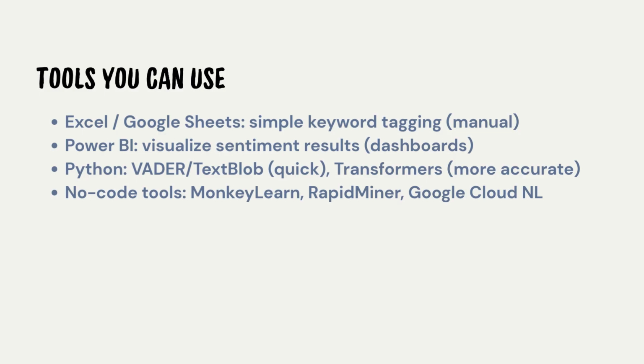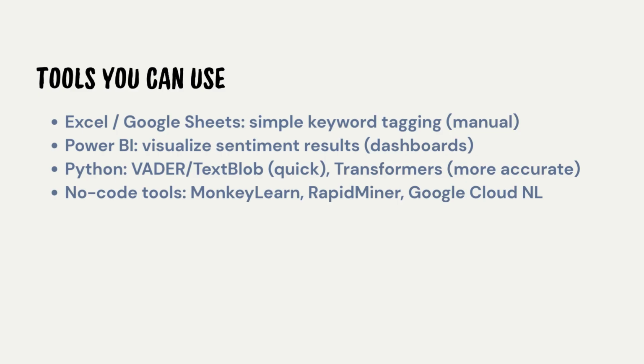Now we'll be discussing the tools that we can use in sentiment analysis. There are a few ways to do sentiment analysis depending on the skill level and how deep you want to go. If you just want to do something simple, then Excel or Google Sheets can do the work for you. Power BI is great for visualizing sentiment once you already have the sentiment levels, and Python gives the most flexibility and control.